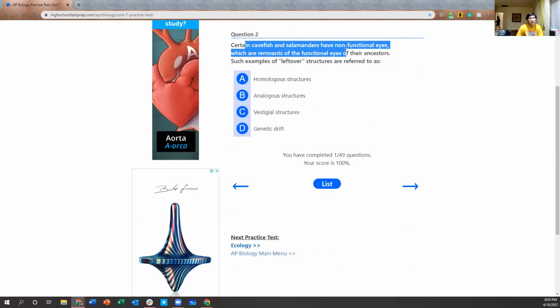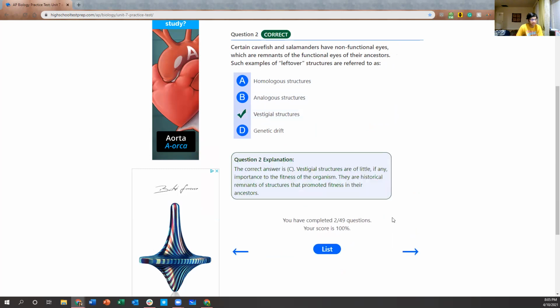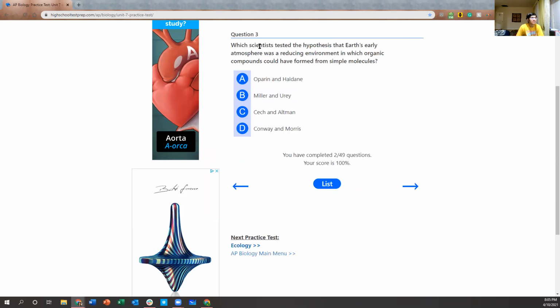Certain cave fish and salamanders have non-functional eyes, which are remnants of the functional. These leftover structures we know are vestigial structures, right? We talked about that. Which scientists tested the hypothesis that Earth. This is the Miller-Urey experiment, where we talked about how you could have some basic inorganic molecules like CH4, maybe some methane, some phosphate, water, things like that.